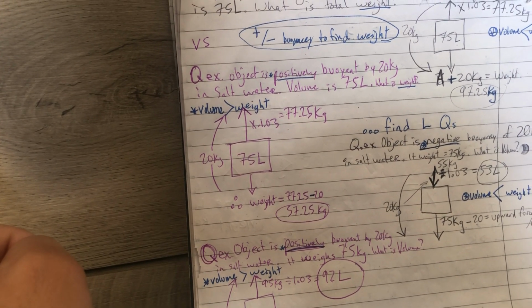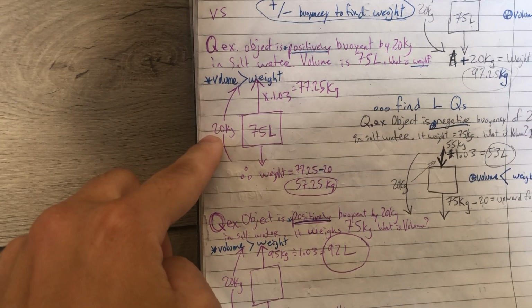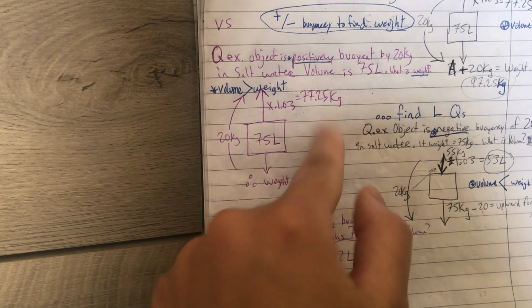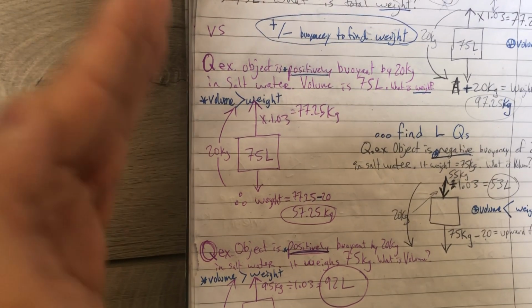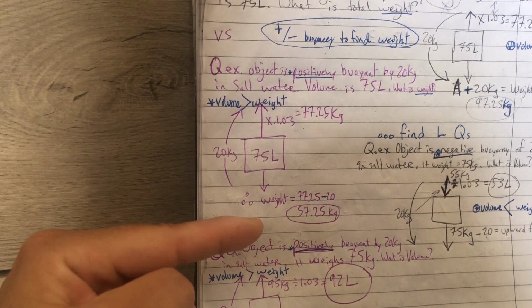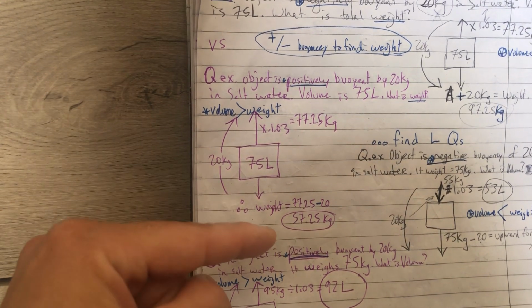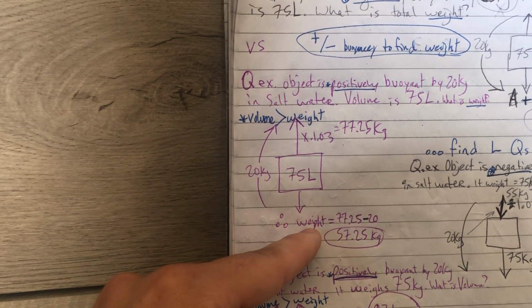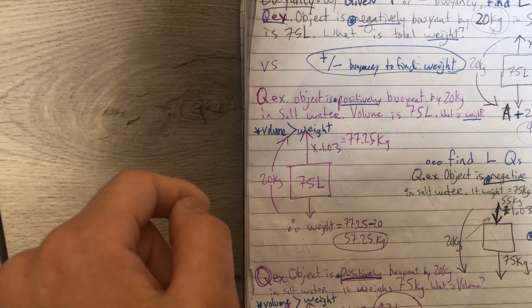Then, positively buoyant means this upward force is 20 kilograms more than the weight. Therefore, you subtract 20 this time, and you get your weight, 57.25. Okay, good.